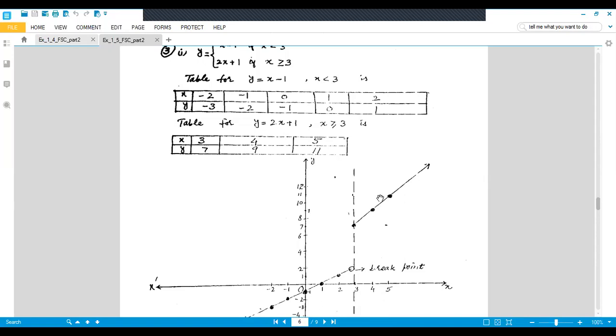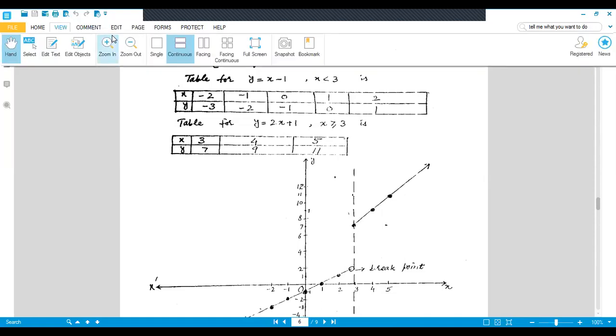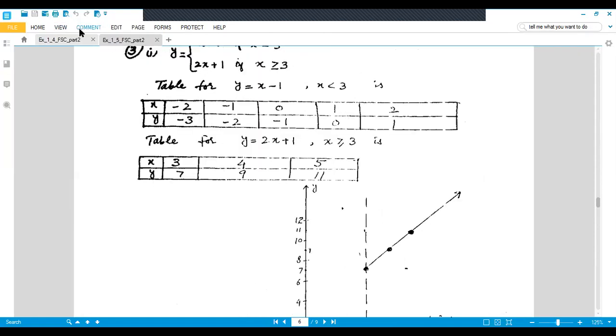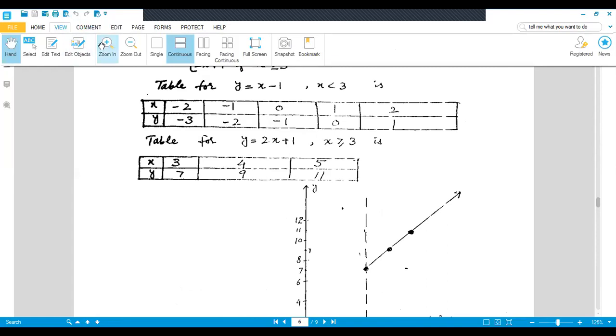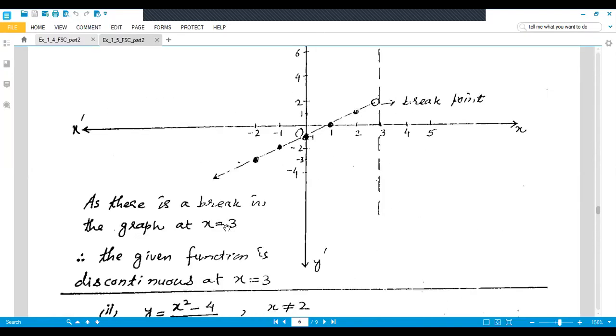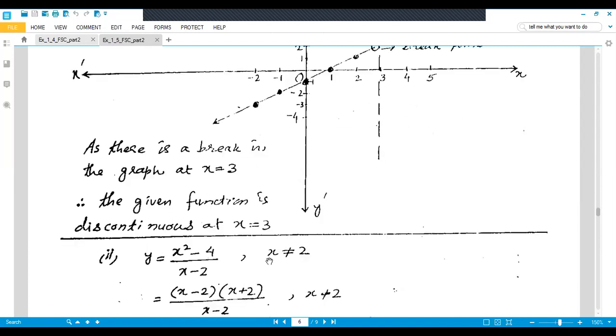For 5, in front of 11. So there is a break. So this function is a discontinuous function. This is discontinuous, as there is a break in the graph at x is equal to 3. So the given function is discontinuous at x is equal to 3.